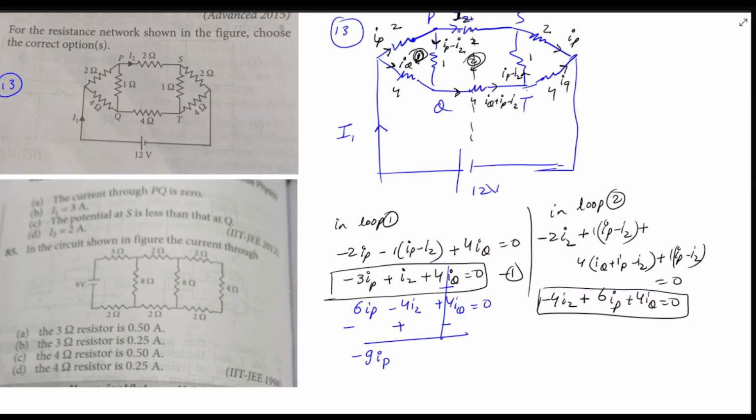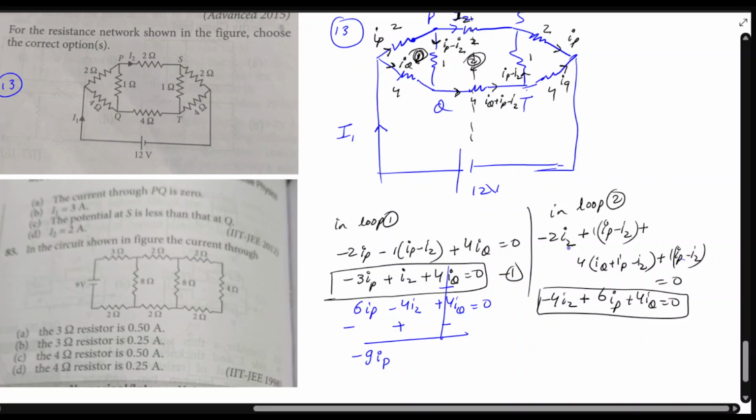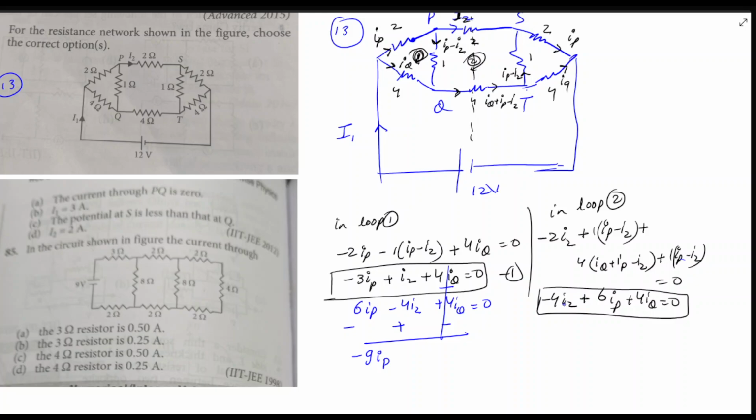Let's just check it again. So it will be 2I2. This is minus. This is plus, right? So this is plus IP minus I2. And this is plus 4 times (IP plus IQ minus I2). Yes, so it's correct. And this will be 1 plus 1 IP minus I2, right? So for I2, it is minus 2 minus 1 and minus 1. So it is minus 4I2. So this is correct.